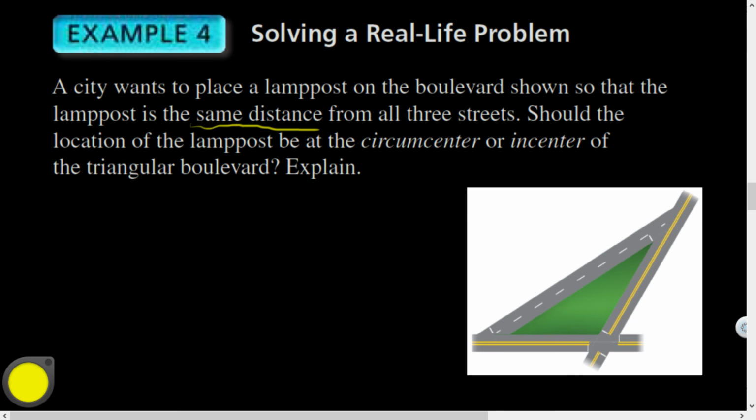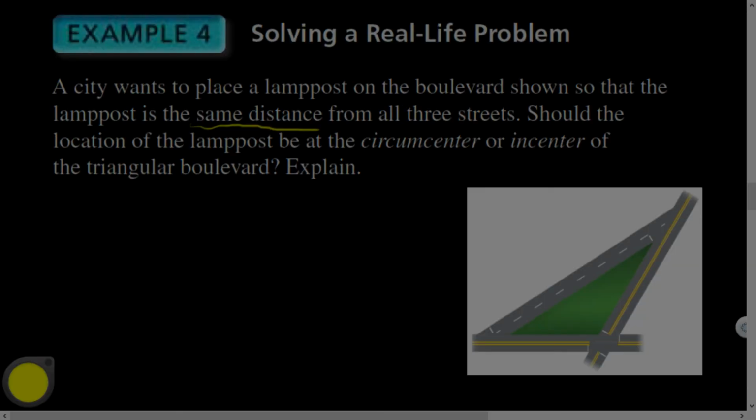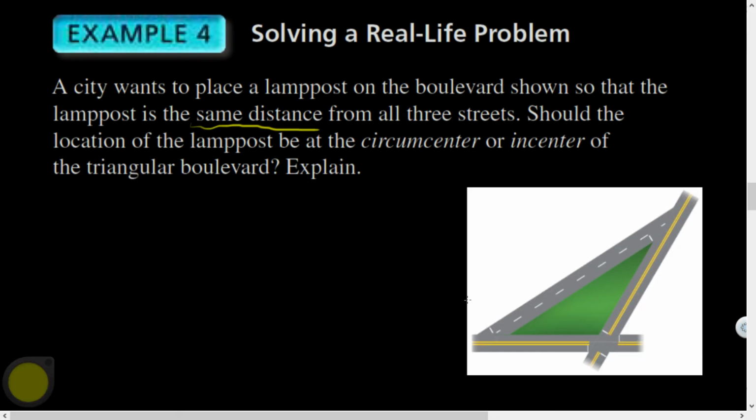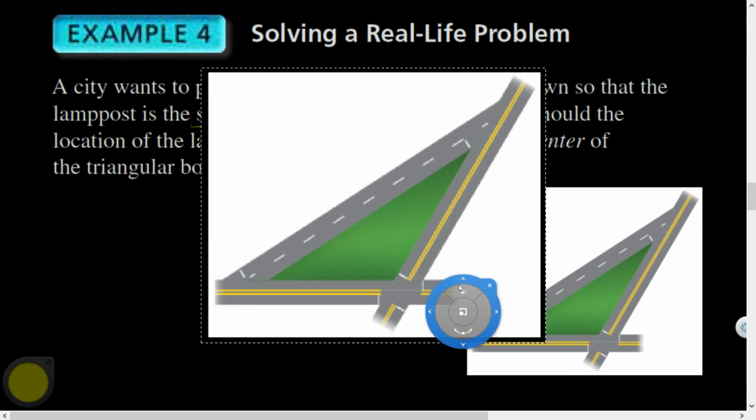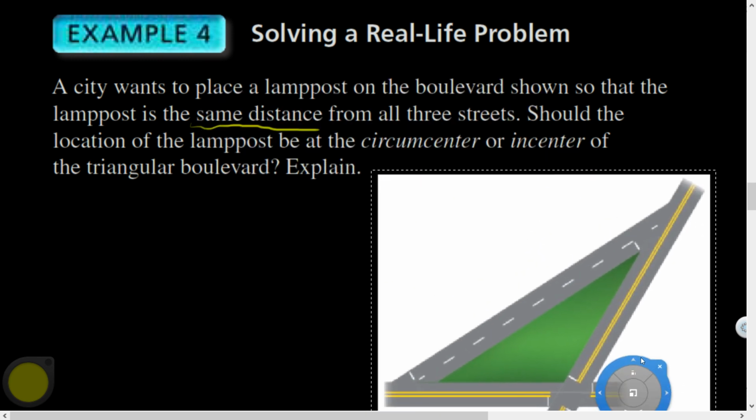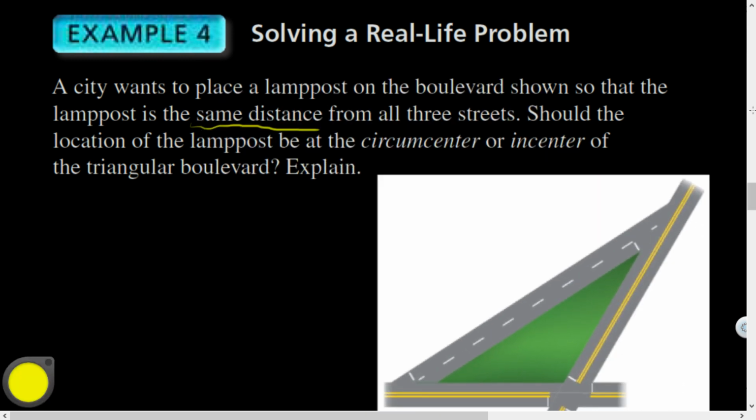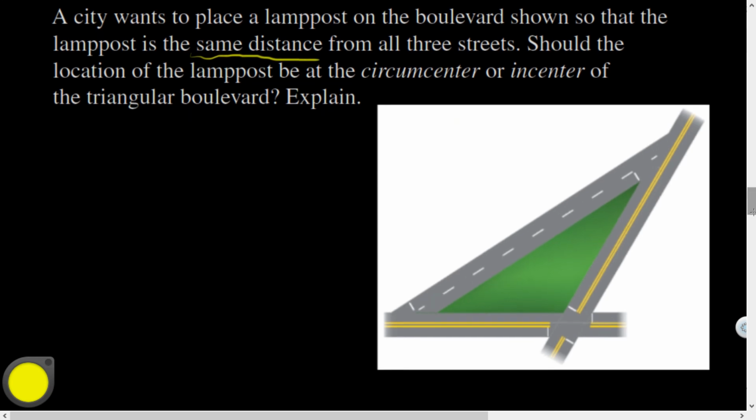Well, circumcenter would be equidistant from these, but they wanted equidistant from the street, so that's going to be a point that would be perpendicularly measured to those, but is found by constructing angle bisectors.